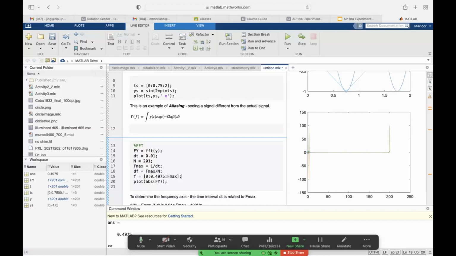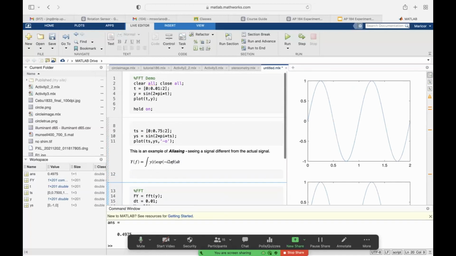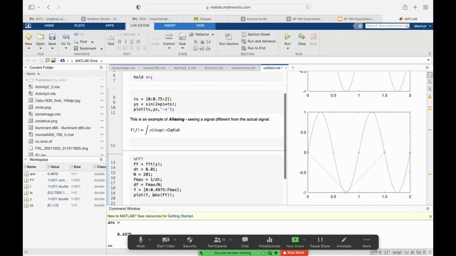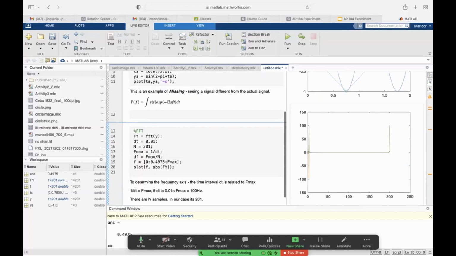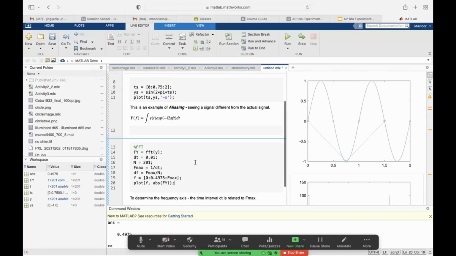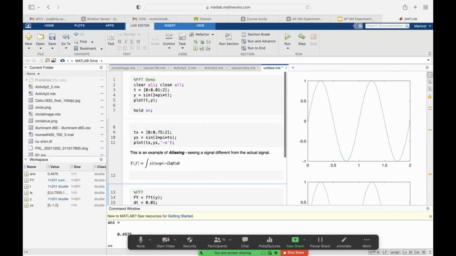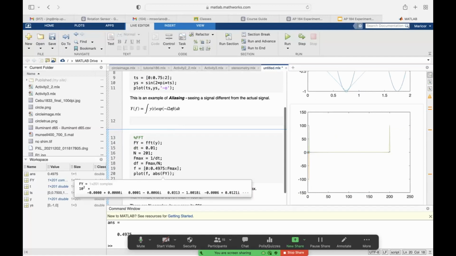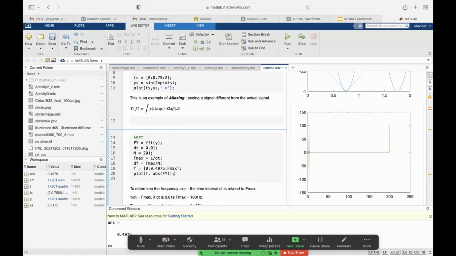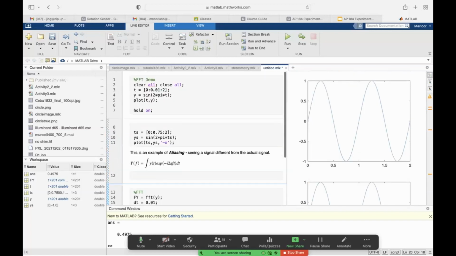Because of that, we now have a frequency axis. And again, because of that, we can now write the F. Like earlier when we plotted, we had a time axis and a y axis. Here, we now also have the frequency axis and the signal itself. Now, if what we did is correct, whatever frequency is here is the same frequency that will come out after taking the Fourier transform. So let's run this. Wait, you might ask, what is the frequency here? Well, the frequency here is 2 pi, there should be an F naught here. That's the frequency of the Fourier transform.